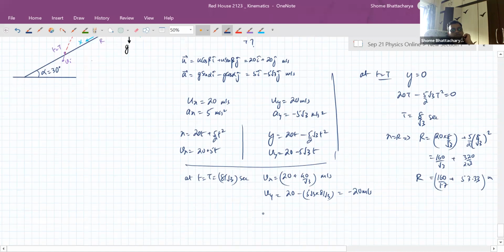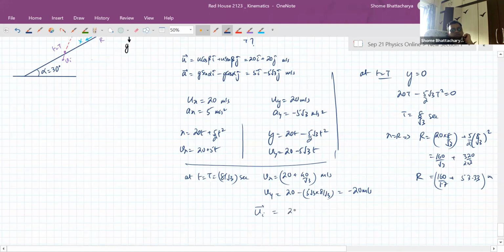So the impact velocity is something like this.